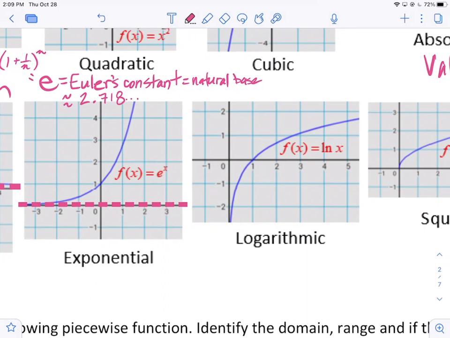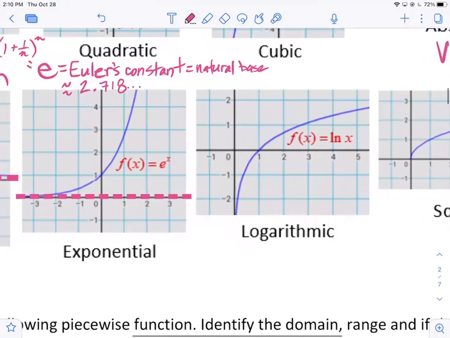Multiplication and division are inverses. If you add something and you want it back, you just subtract. Addition and subtraction are inverses. If you exponentiate something and you want it back, guess what you do? You log it. Logs and exponentials are inverses of each other, and that's why we study them on the heels of each other.